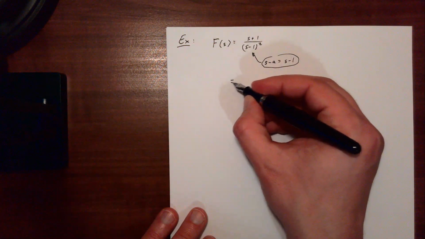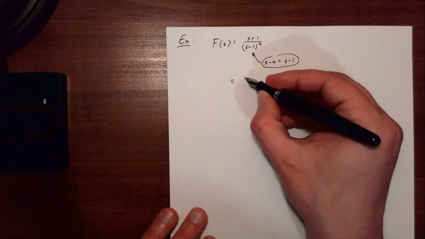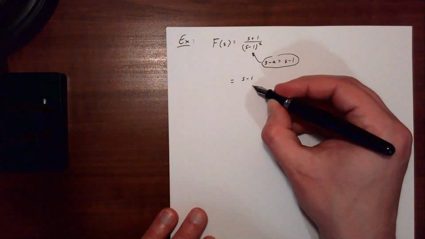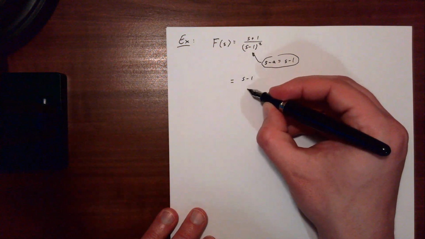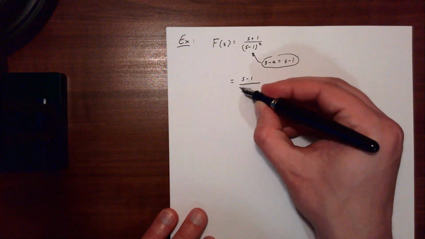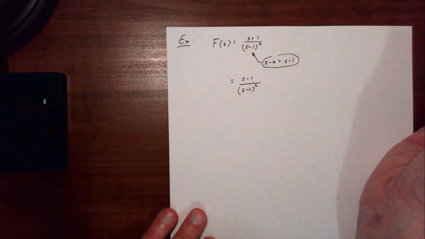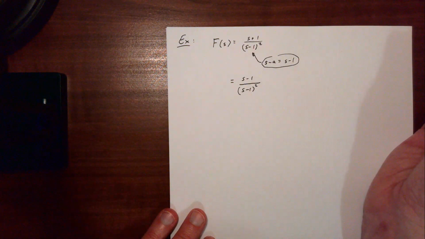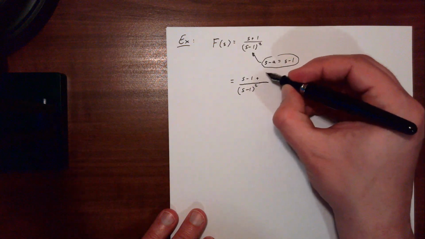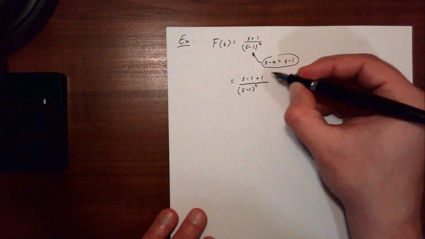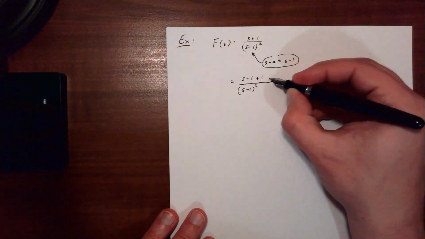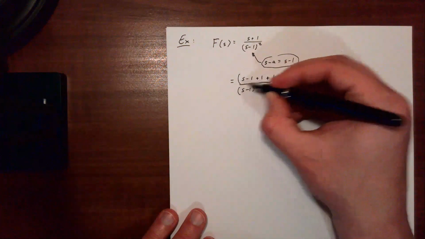So then, if we take the expression here, we want to be looking at an s minus 1 on the top instead of just an s, and an s minus 1 squared down here. Now this is clearly not equal to what I just wrote. So the way you can massage this is basically put an s minus 1 plus 1 and then plus the original.